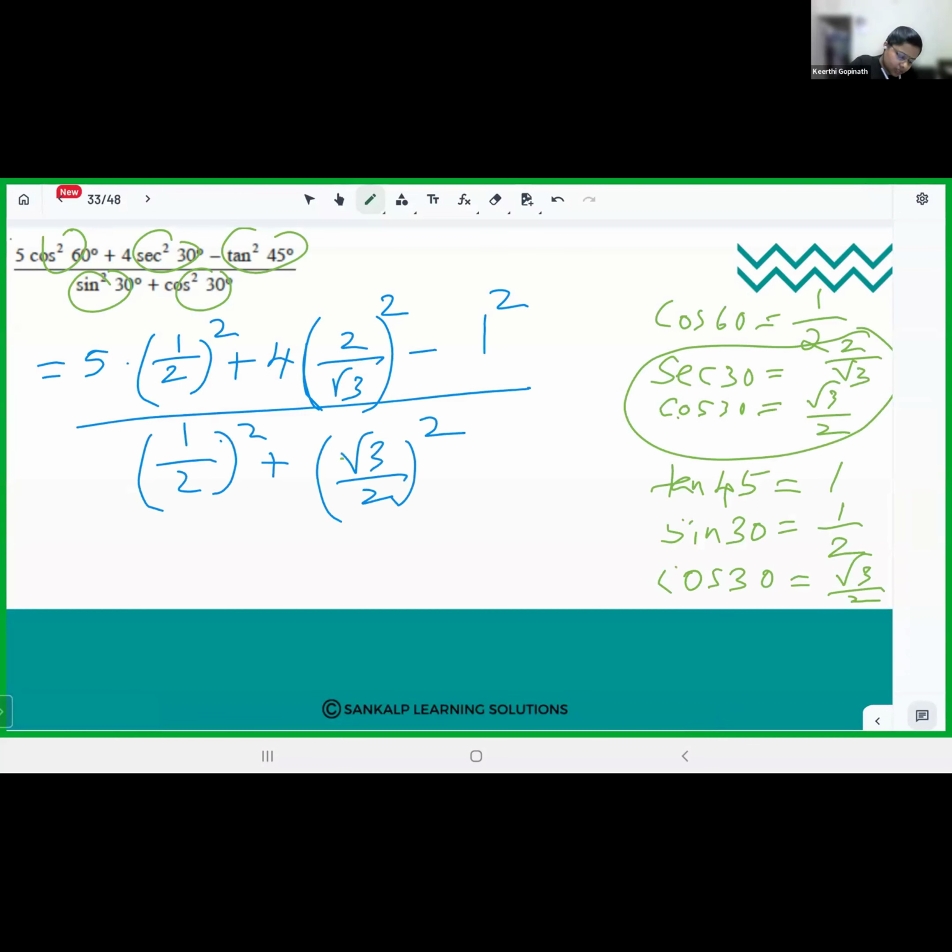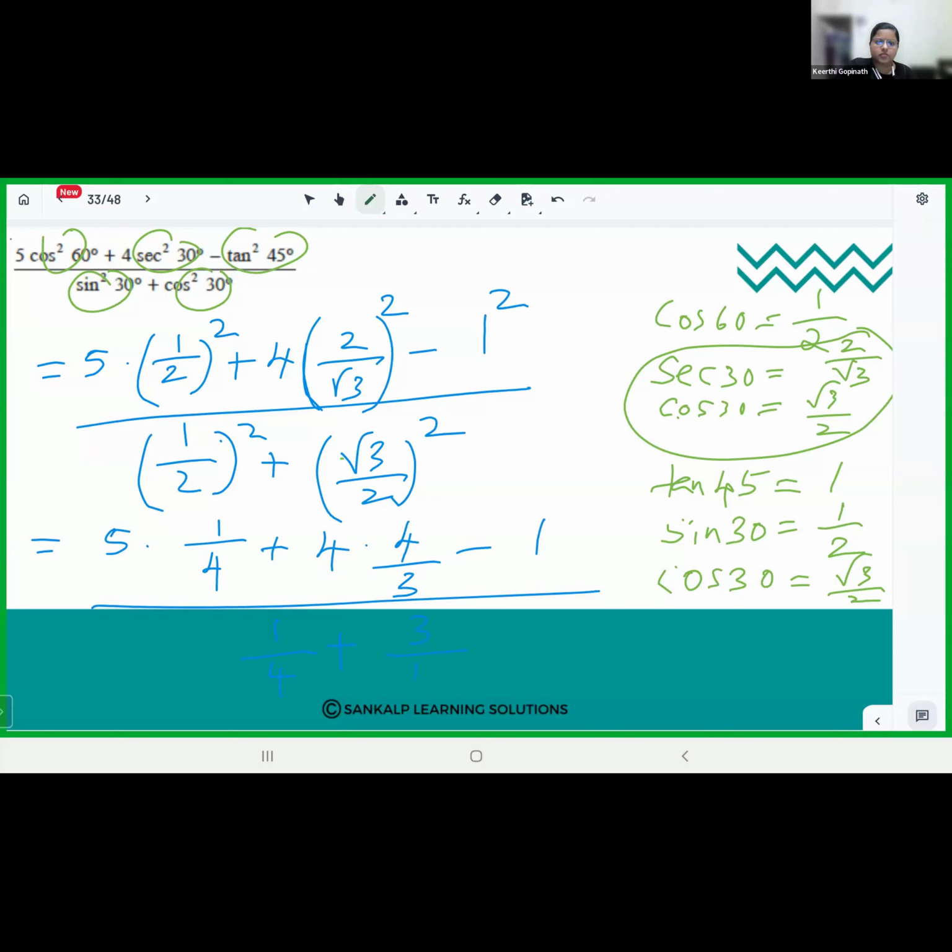Okay, so this can be written as 5 into 1 by 4 plus 4 into 4 by 3, right? 2 square is 4 and root 3 square is 3. So 4 by 3 minus 1 divided by 1 by 4 plus root 3 square is 3 and 2 square is 4.